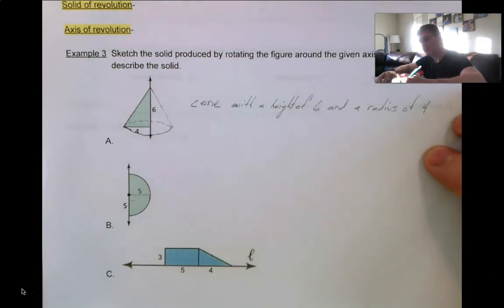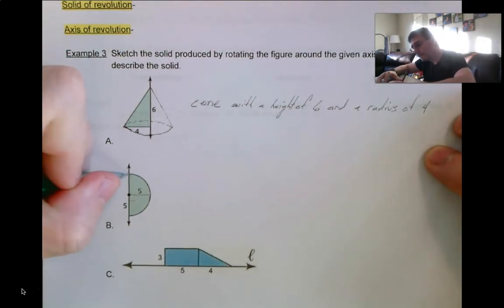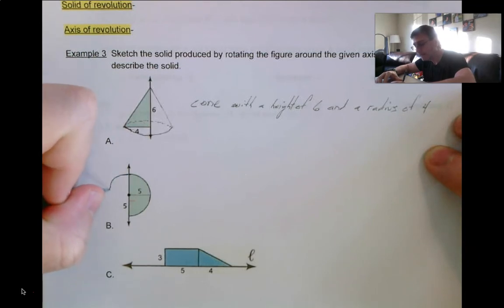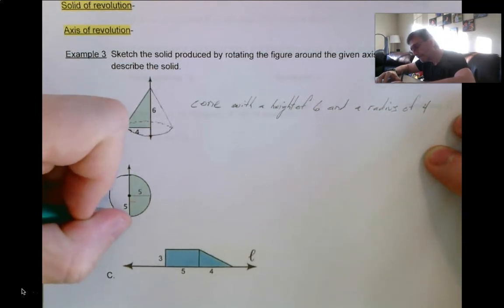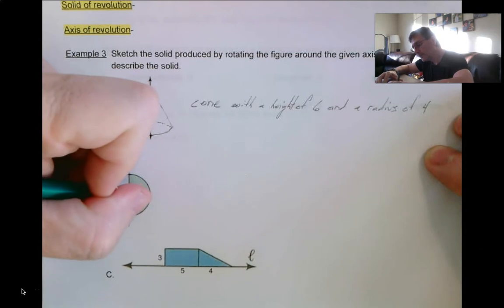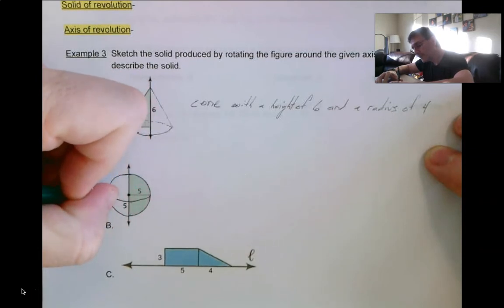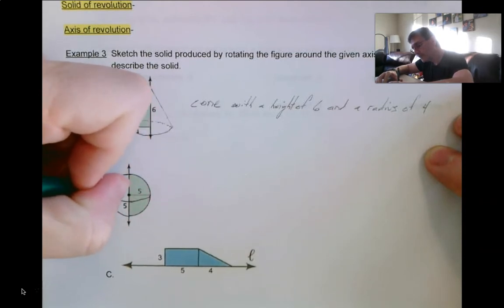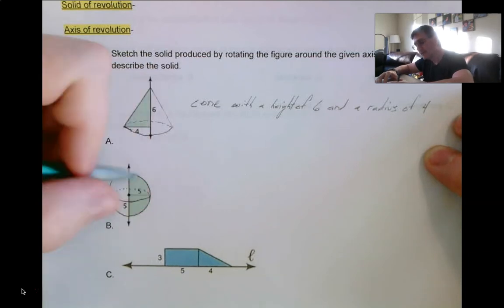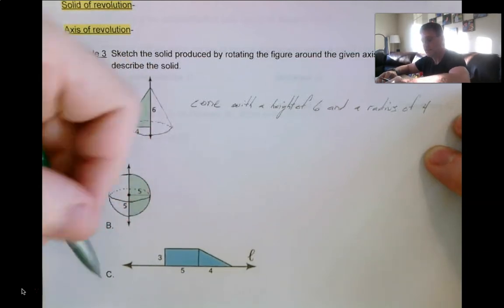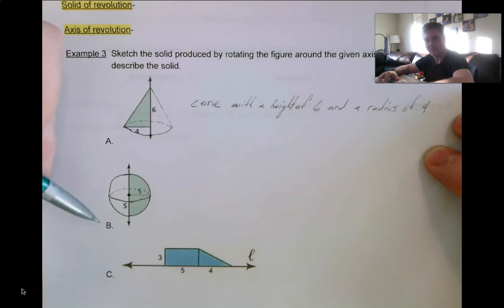Part B. Part B is a little harder to draw. What's this semicircle? It's going to sweep out, and what's it going to make?